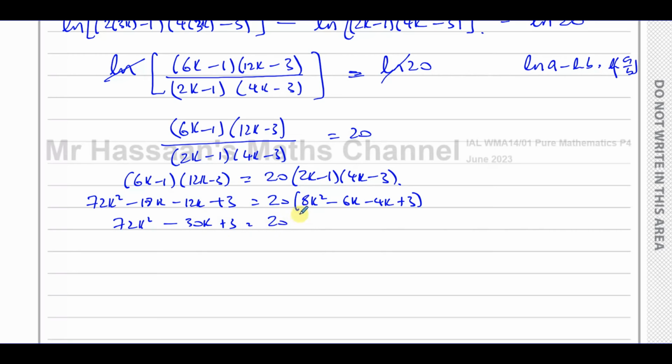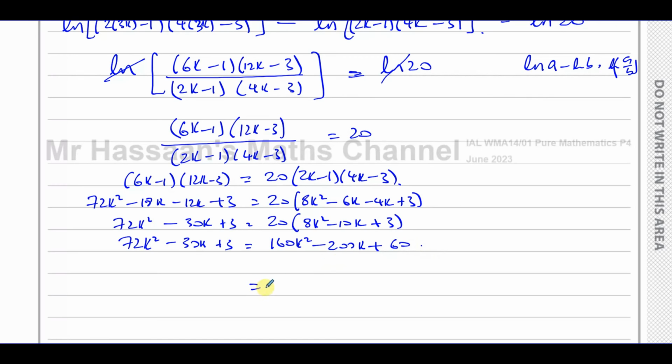And this is going to be 20 times 8k squared minus 10k plus 3. So 72k squared minus 30k plus 3 is equal to 160k squared minus 200k plus 60.